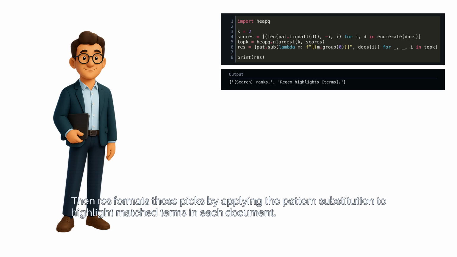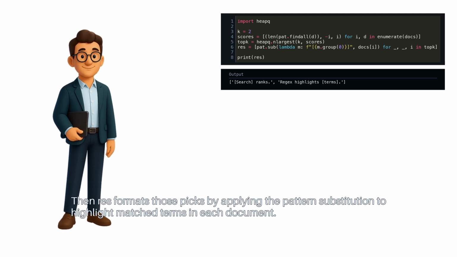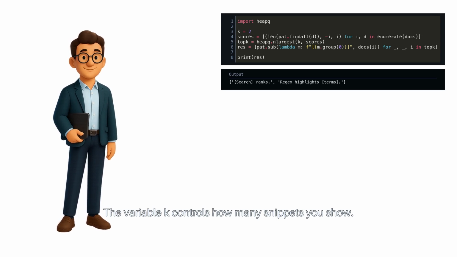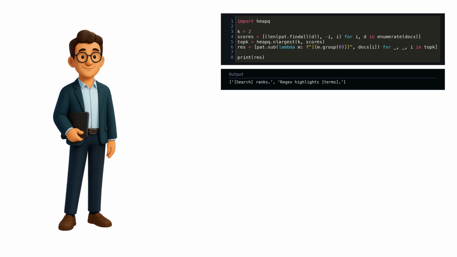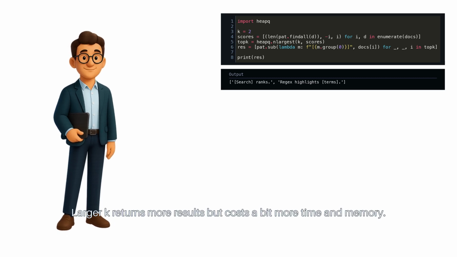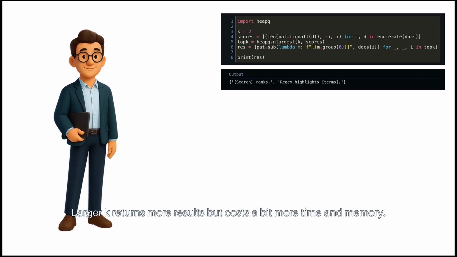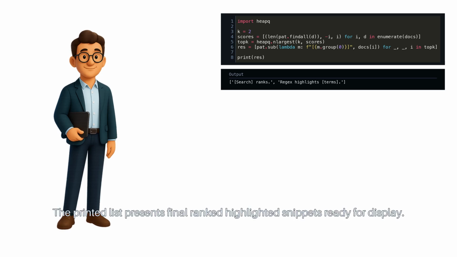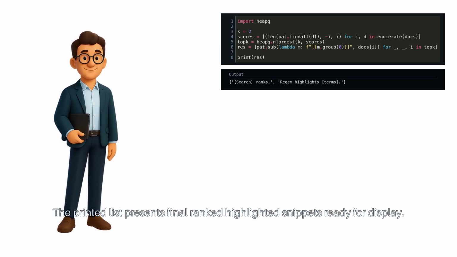Then res formats those picks by applying the pattern substitution to highlight match terms in each document. The variable k controls how many snippets you show. Larger k returns more results but costs a bit more time and memory. Smaller k is faster and keeps output short. The printed list presents final ranked highlighted snippets ready for display.